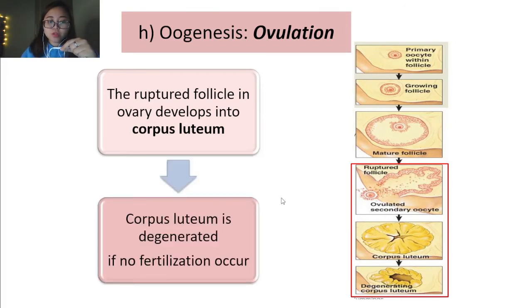Corpus luteum just means yellow body. Eventually, the corpus luteum is degenerated if there is no fertilization. Kalau tiada persenyawaan, perlahan-perlahan corpus luteum ini akan mati, terurai, dan semasa dia terurai itu kita boleh gelar dia sebagai corpus albicans or just degenerating corpus luteum.